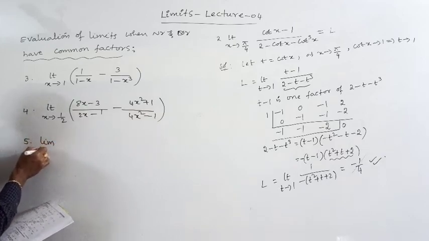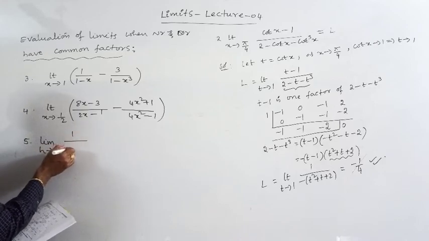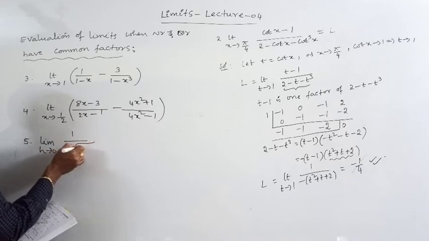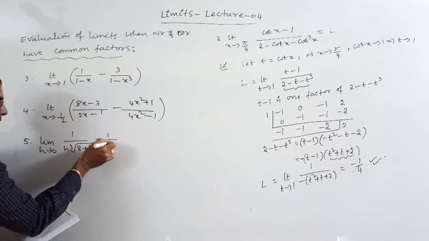Limit h tends to 0, 1 by h into cube root of 8 plus h minus 1 by 2h.